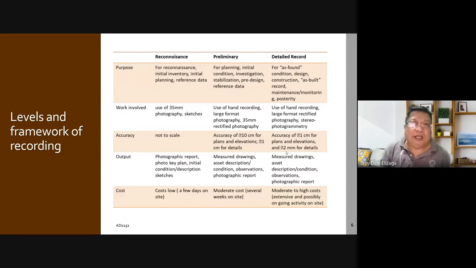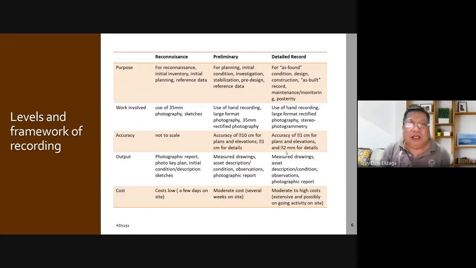Enough for you to make a plan and probably a proposal on how to go about the rest of the process, and of course to make the budget and look for people who can be involved, and hopefully also to get funding.